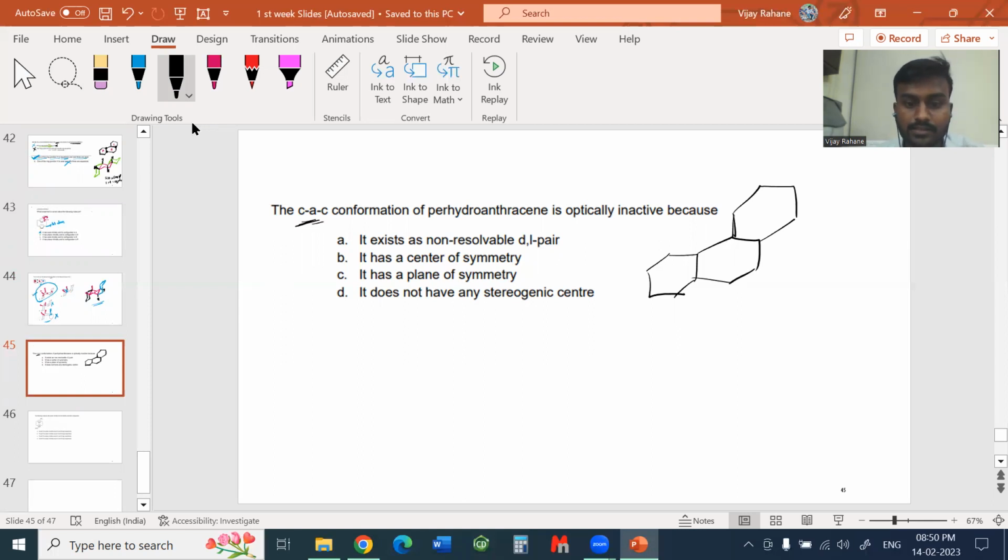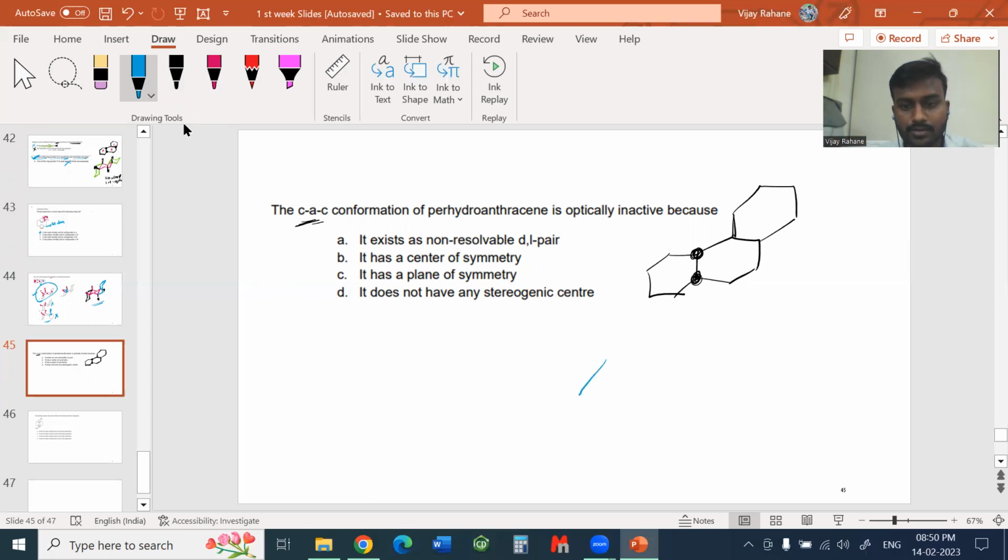Syn means both should be on the upper side. Here anti means it should be on the downside, but these two should be syn. This should be the conformation.